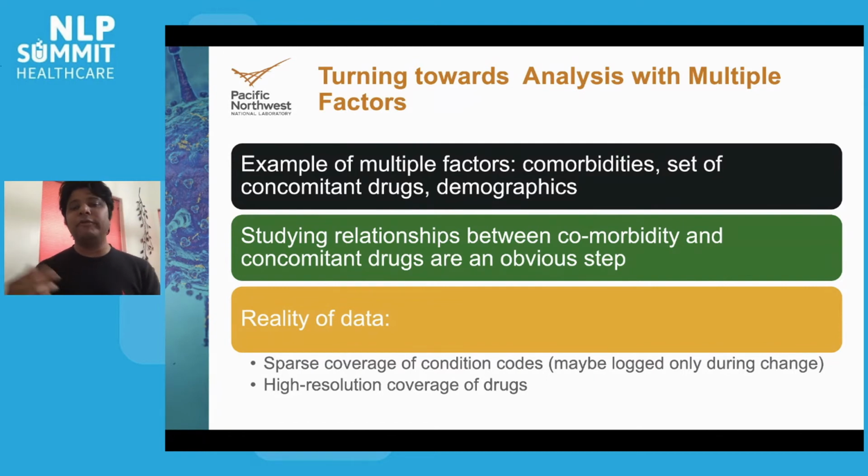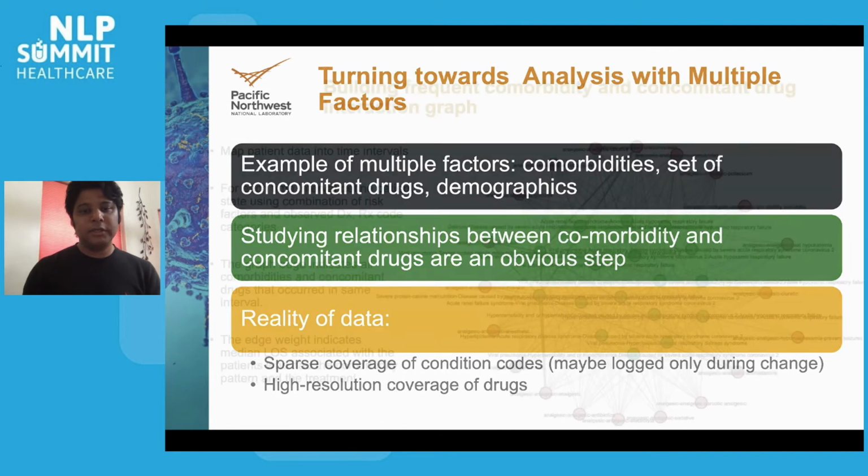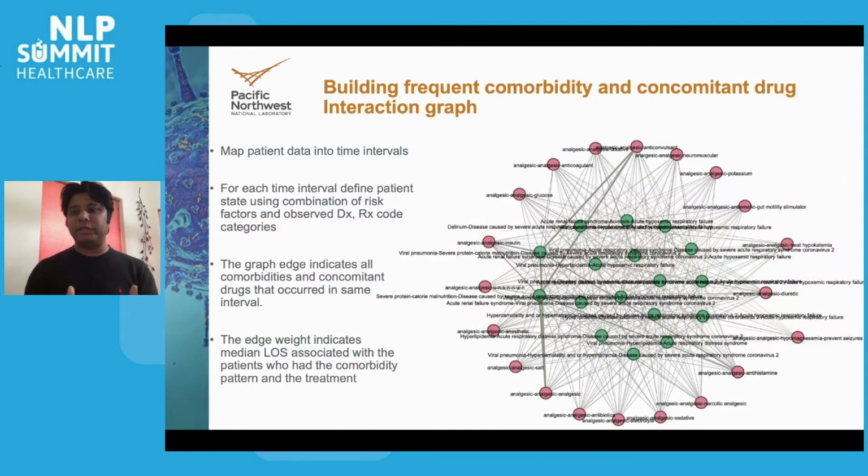So in particular, we focused on 2 things. We looked into the comorbidities, and we also looked at the set of concomitant drugs, which basically says, here are the drugs that the patient received at a given point of time. And then we tried to study the relationship between these comorbidity patterns and the drug, or I'll just call them treatment patterns in short. So what emerged is this picture.